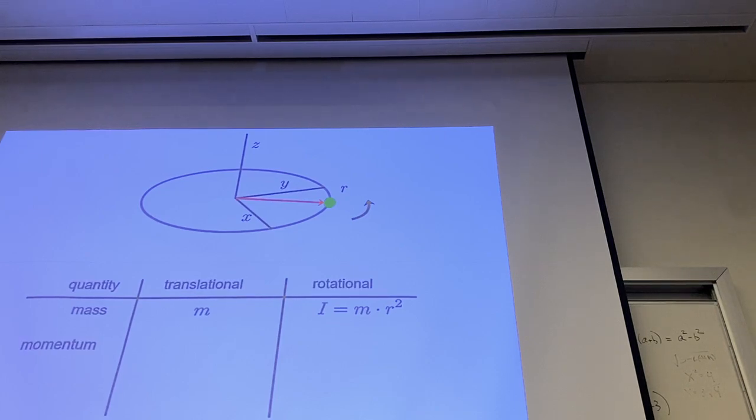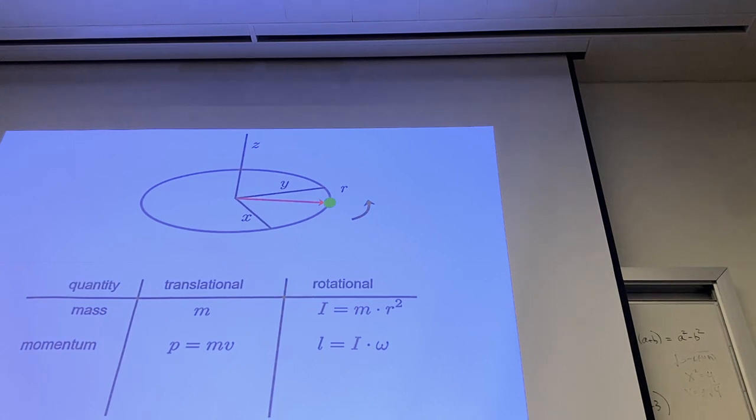Momentum. What is momentum in linear motion? That is always m times the velocity along x, y, or z. And in rotational motion, that's a little different, because we will call that the angular momentum, and it has a letter assigned to it, which is a lowercase l.